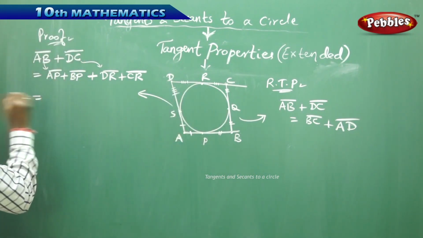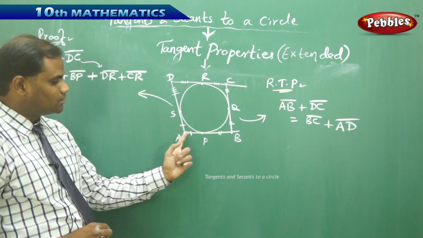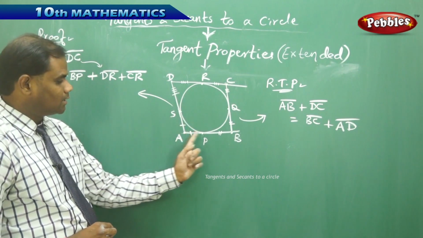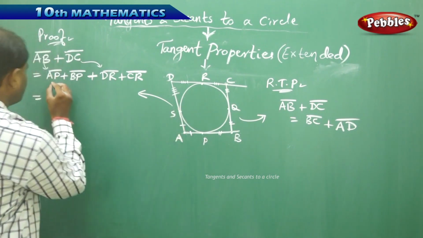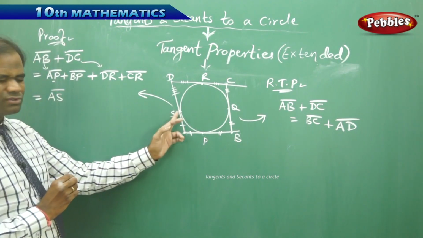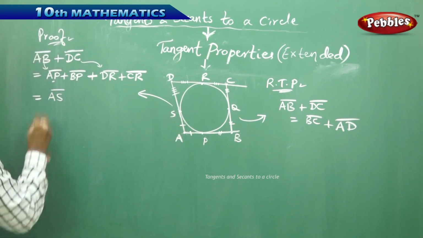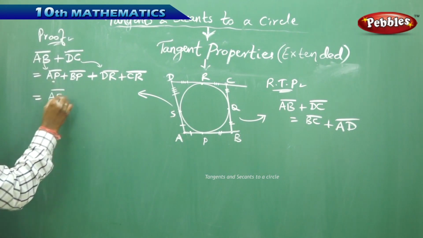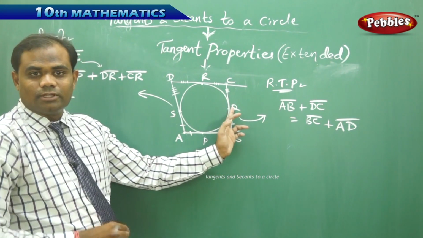Now here, AP is clearly equal to AS because the lengths of tangents from an external point A are equal. Therefore, in place of AP, I write AS, as can be clearly seen through the lengths of tangents, this being equal to this. Similarly, BP is equal to BQ with a similar property.